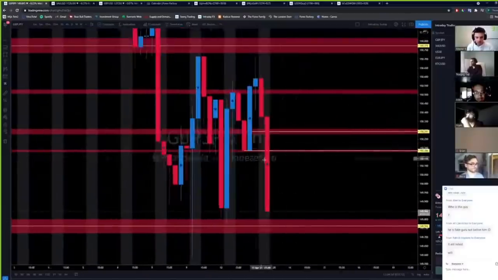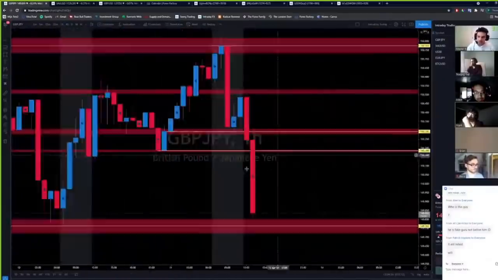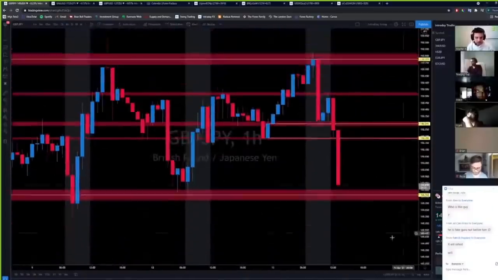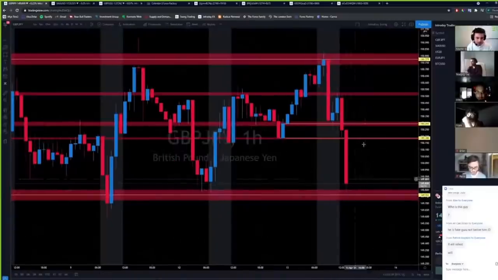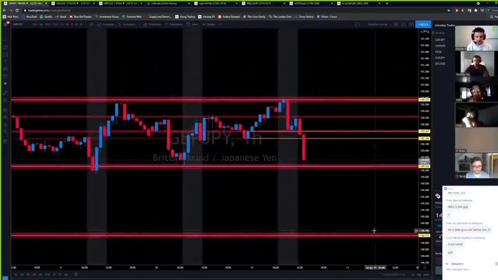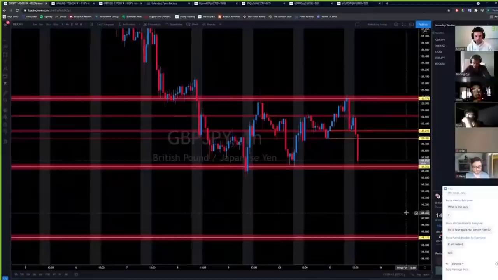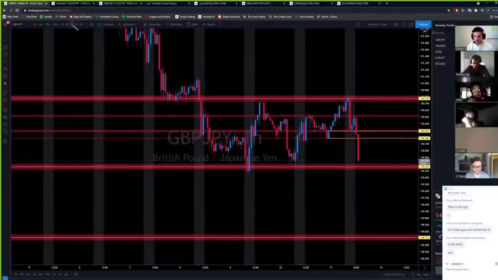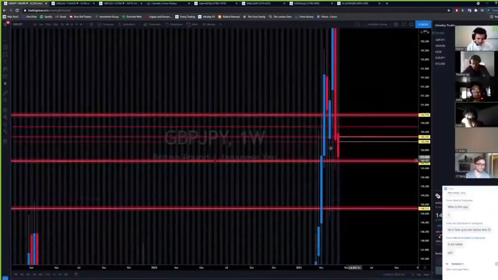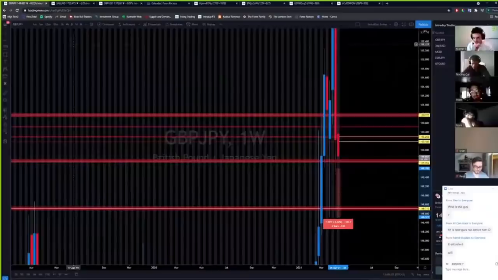That's something I've been looking at for the past week or two. So let's see what price does over here. If it can form a support and then retest maybe 150, 200 to continue lower, that's going to be beautiful. And now the weekly should be filling the wick over here. If it breaks this wick, it can come down and fill this whole 100 pip range.